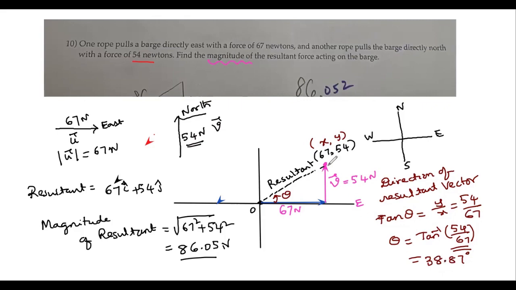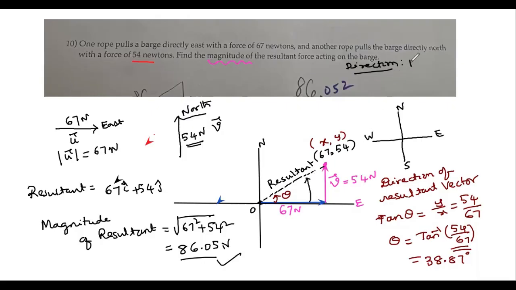So for the resultant vector, we have two different methods to mention the direction. Please closely observe this one. The magnitude is already done, 86.05 newtons. The direction is from the east, moving towards the north.